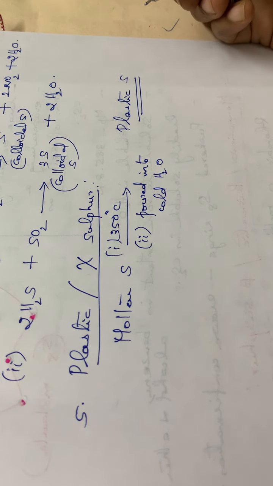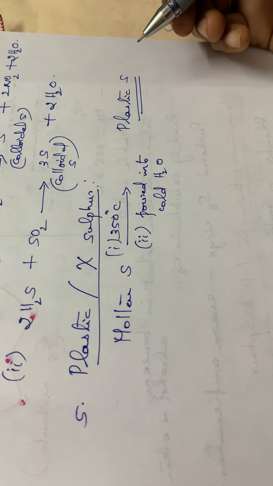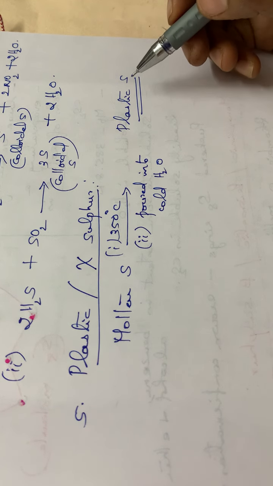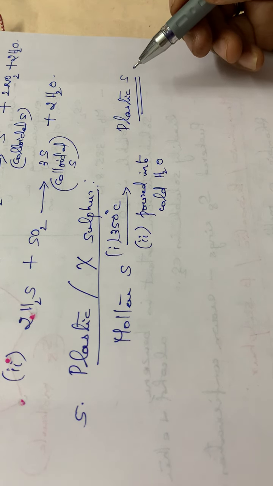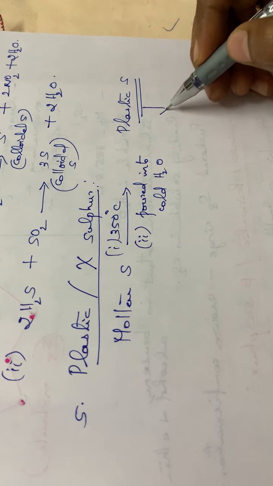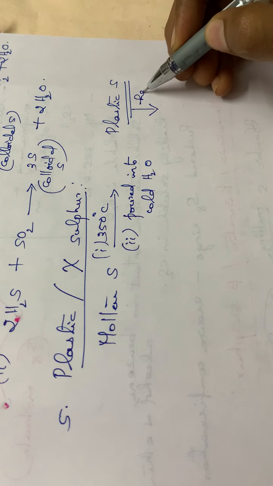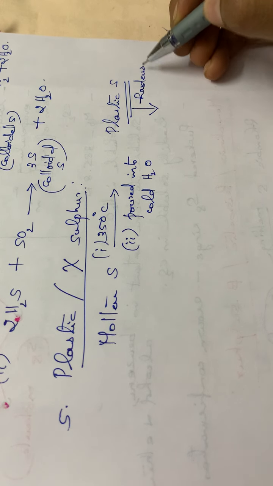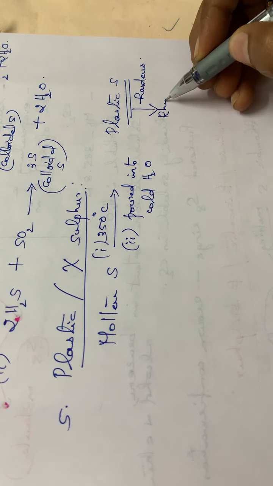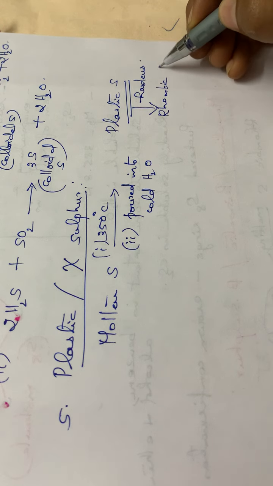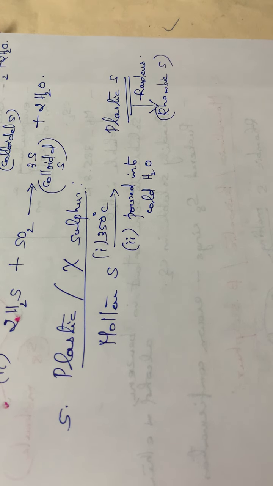If it is kept as such, it will harden and then gradually change to rhombic sulfur, or alpha sulfur.